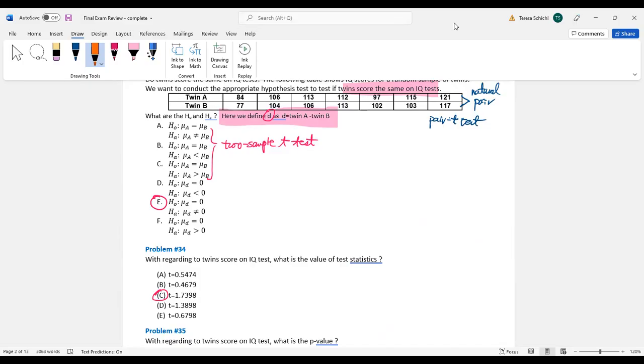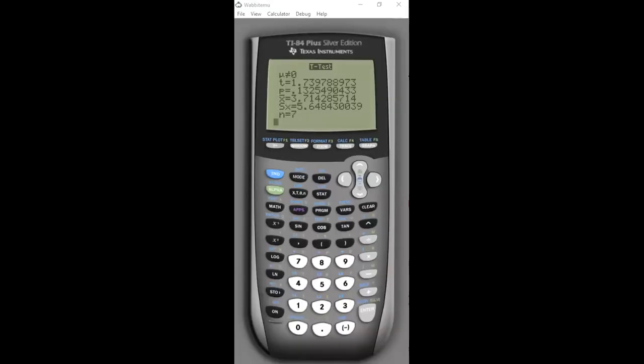Okay, so let's go to my calculator and see how we find the critical value here. You do a second bars, then you go to the inverse T. So what is the area? We just calculated 0.995.